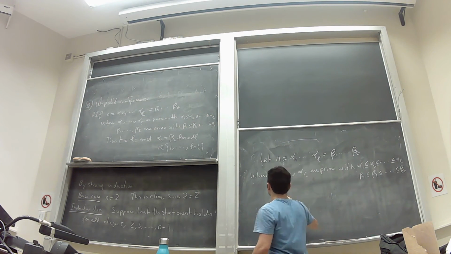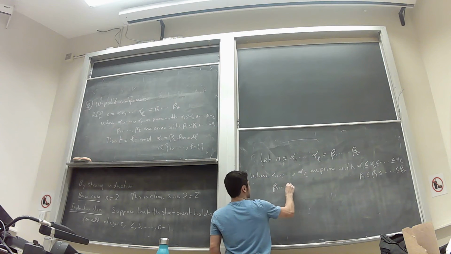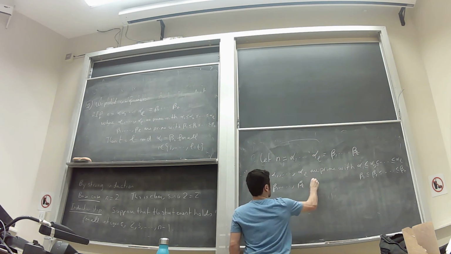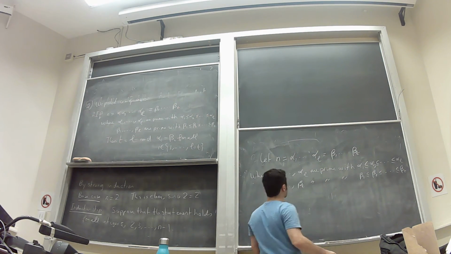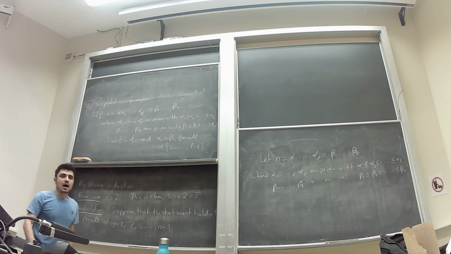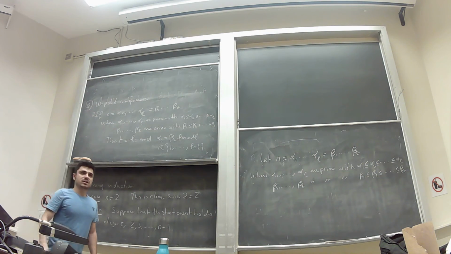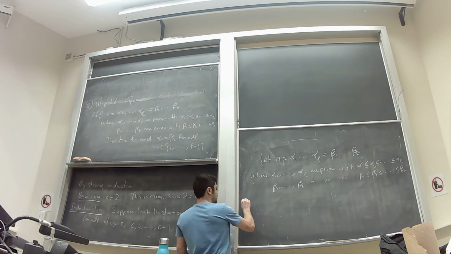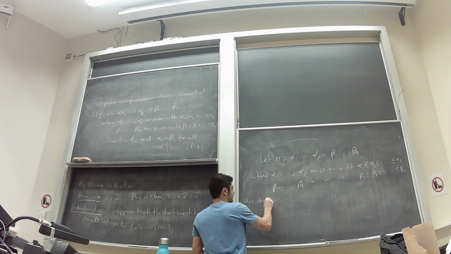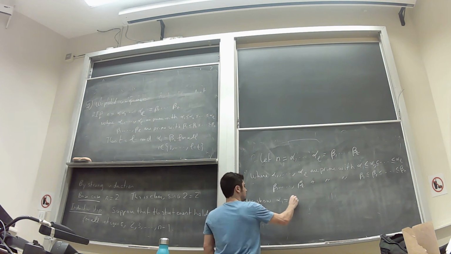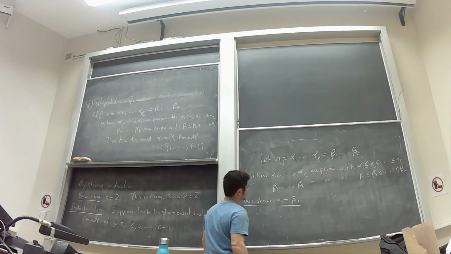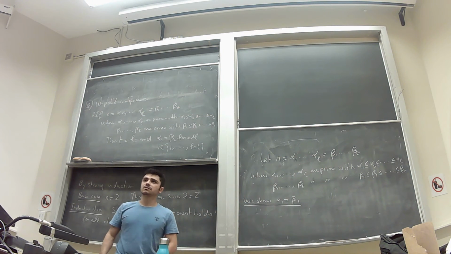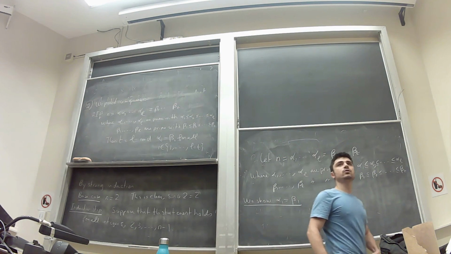It's a proof with a lot of notations. I claim that alpha 1 is equal to beta 1. We'll show this. Great. Are we all good?